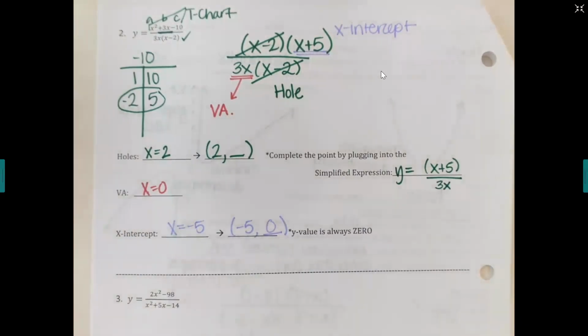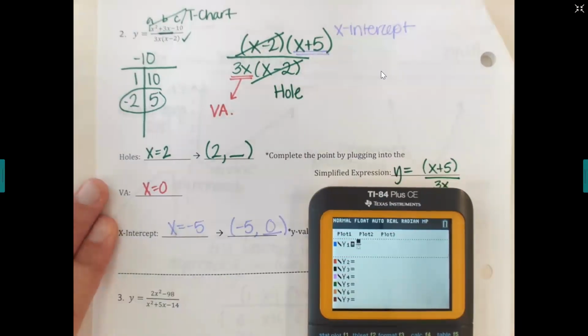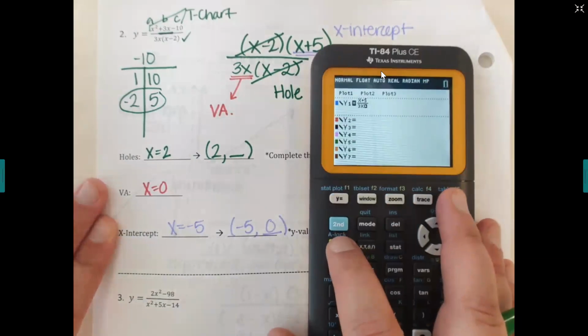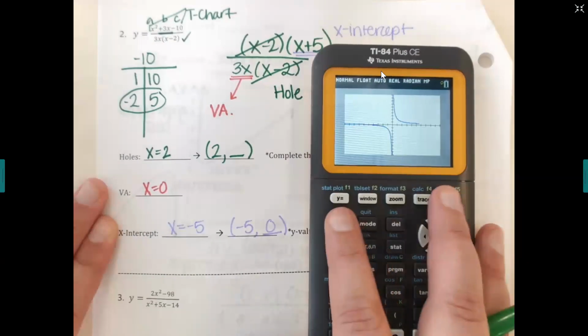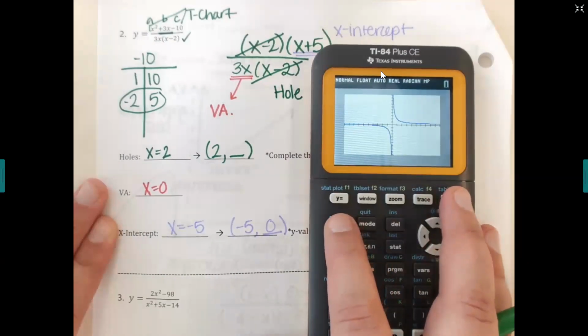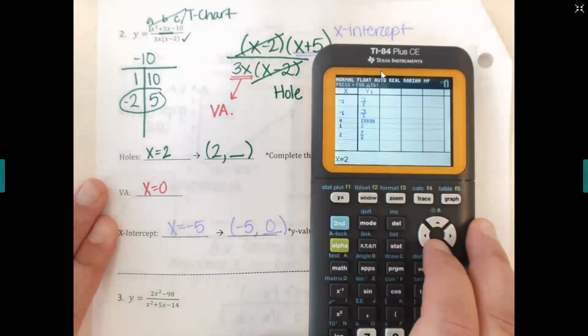Okay, so then we're going to type that into y equals. Alpha link for your fraction. And then in your chart, you're finding 2's partner. Oops, I pushed the wrong button. Okay, so second graph, 2's partner is what?